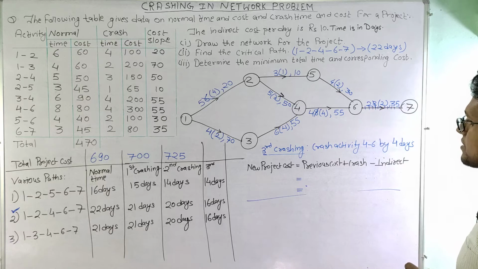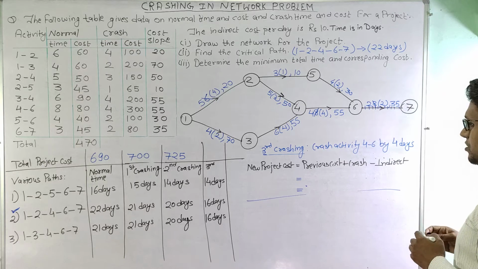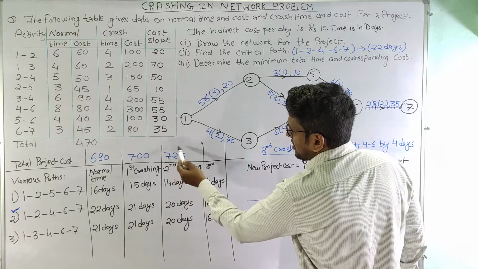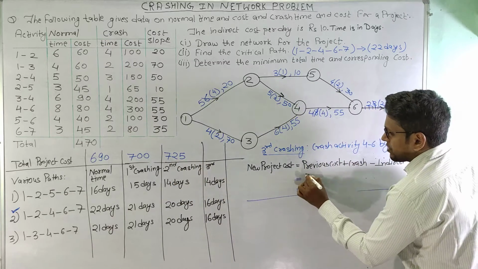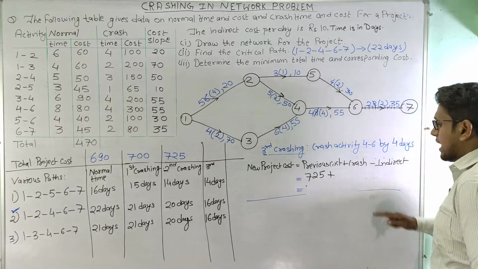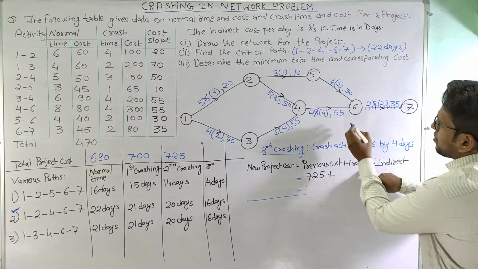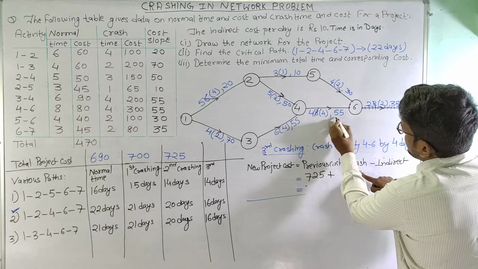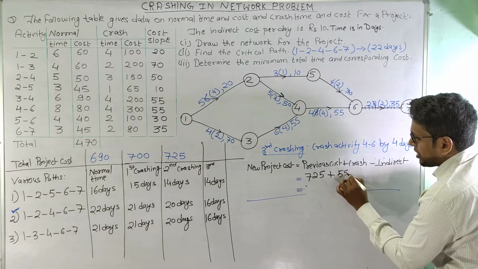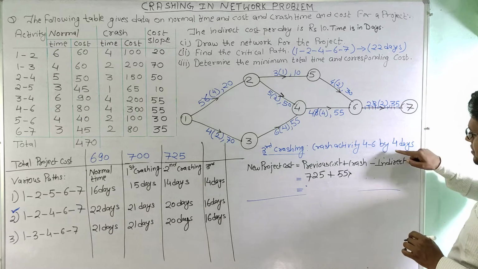And now let us calculate the cost here. So the previous cost, the cost after second crashing, is 725. So this is 725 plus crash cost. Here the crash cost, that is the slope here, is 55. That means this is 55 multiplied by the number of days by which we are crashing.